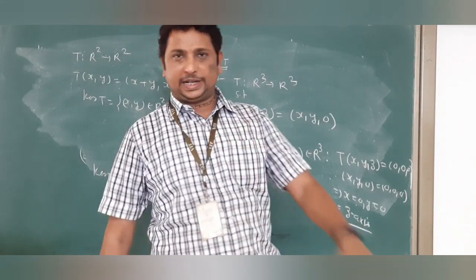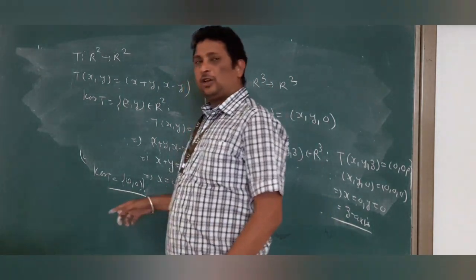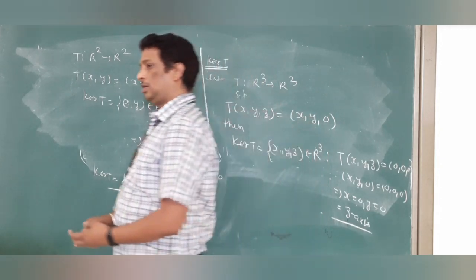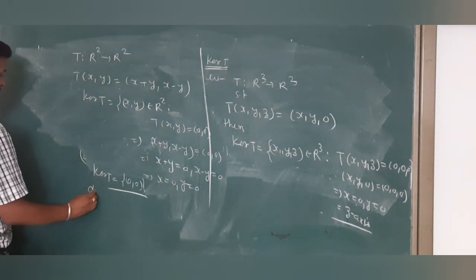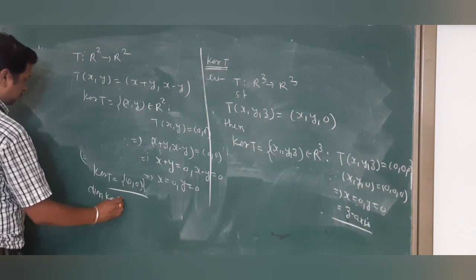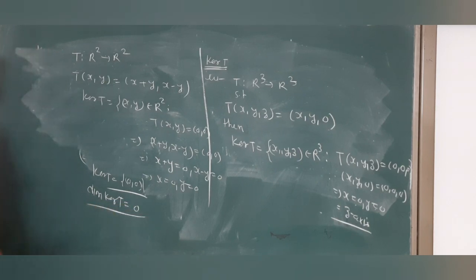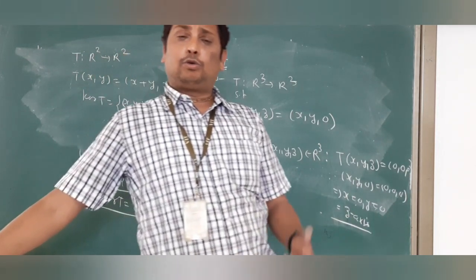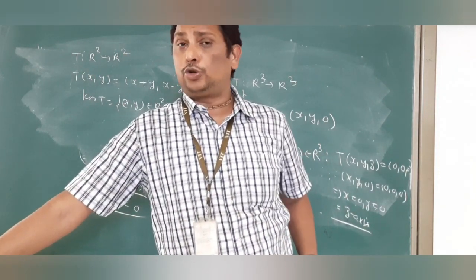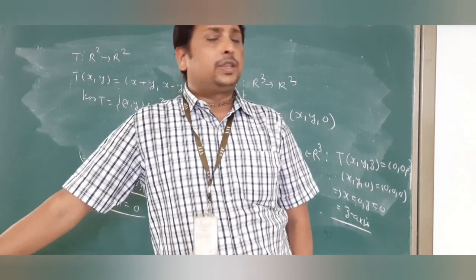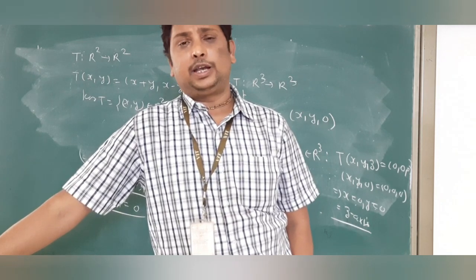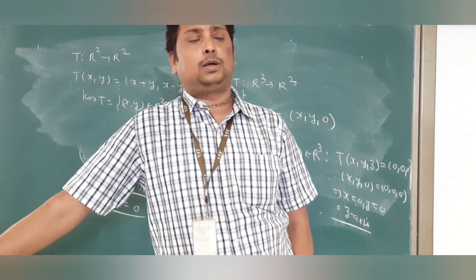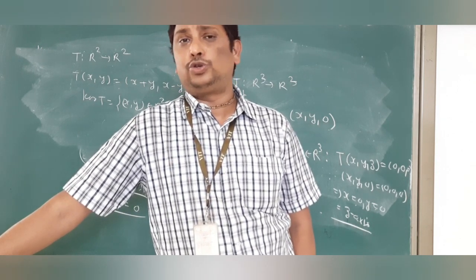One important thing. What is the dimension of kernel T if it contains only 0, 0? Only this element is there. The dimension is 0. Why 0? It contains 0, 0, no? Because dimension means number of elements in a basis, and here it contains 0, 0.